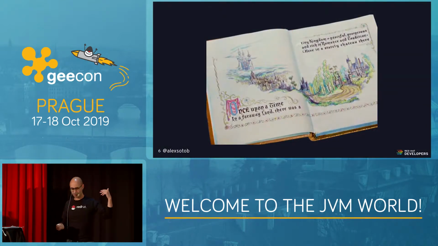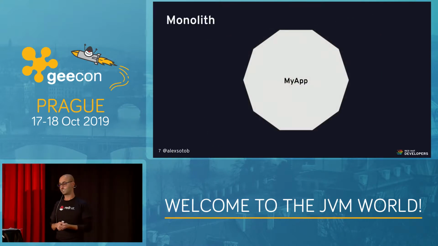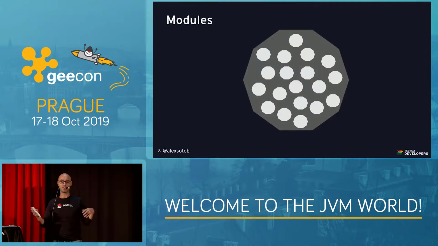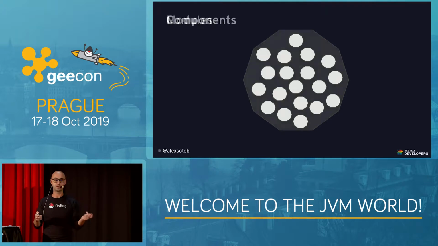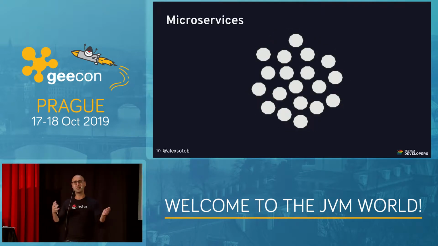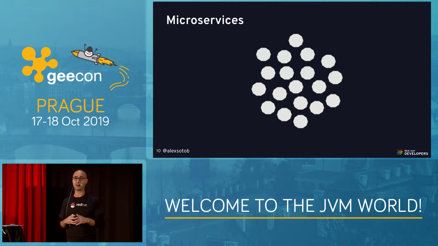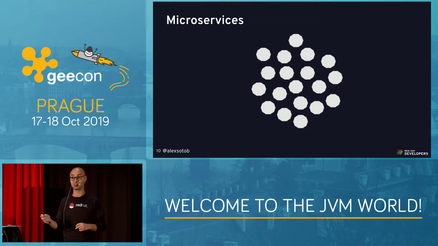Some years ago, now it seems ages, we developed something like this, right? A monolith. Everyone knows how it looks, right? Although internally it's quite different. You have modules, and inside each of these modules, we still have components. But 2 or 3 years ago, we decided that it would be a good idea to start breaking down this monolith into something called microservices architecture.